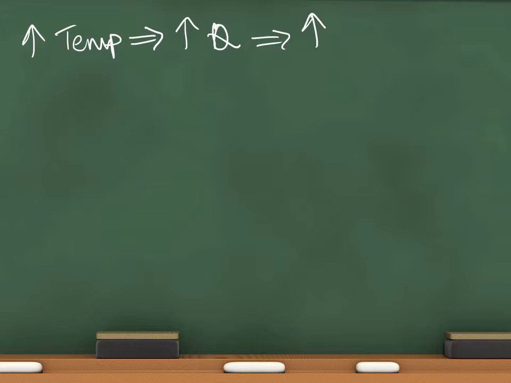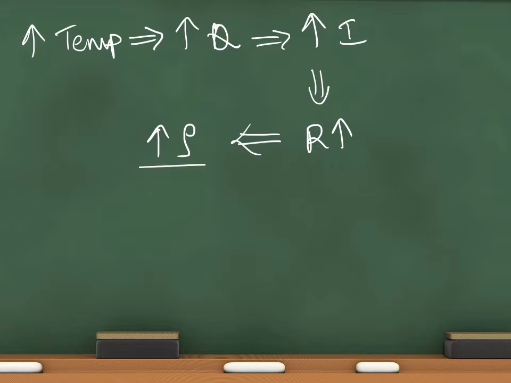So as a result, the increase in temperature results in flow of Q, which results in an increase in I. Due to this there will be an increase in resistance, and due to this there will be an increase in resistivity.